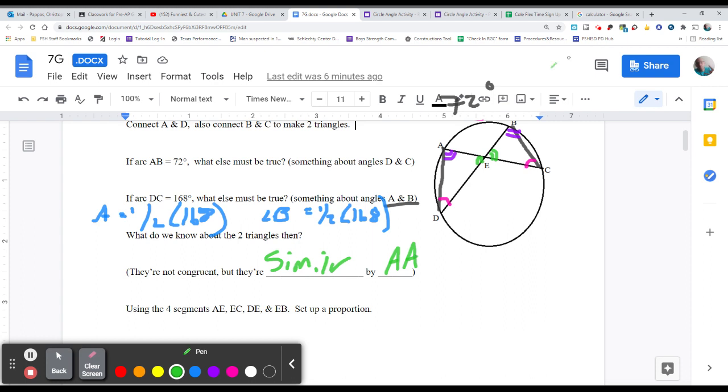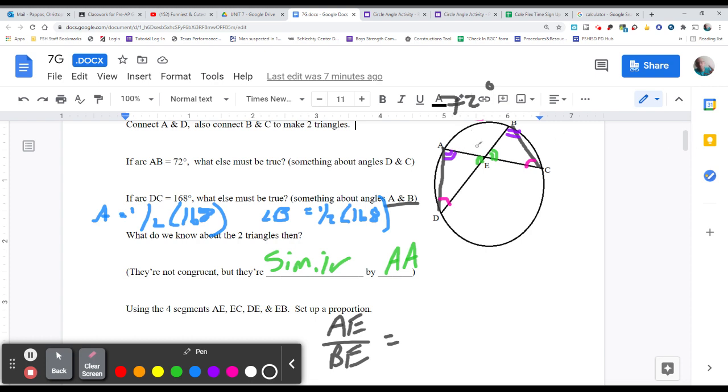Now, using the four segments, AE, EC, DE, and EB, we can set up a proportion. So let's think about this. AE is a side that's in between the purple and the green. BE is a side that's in between the purple and the green. So we can make a proportion. We can do AE over BE, because they're not the same, but they correspond to each other.